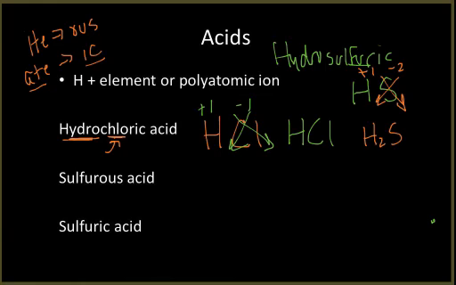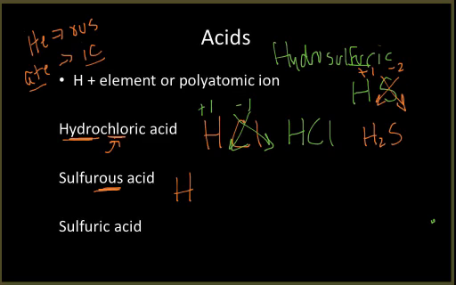So sulfurous acid came from a polyatomic that ends in ITE. Even though there's no hydro there, it's an acid, so it still has to start with H. So even though there's no hydro, these acids are still going to have H as the first element in that compound. The second part then, you're going to use the ending here to figure out what the polyatomic ion was.